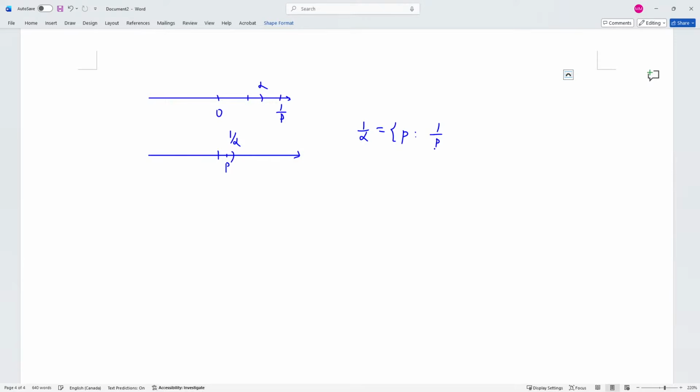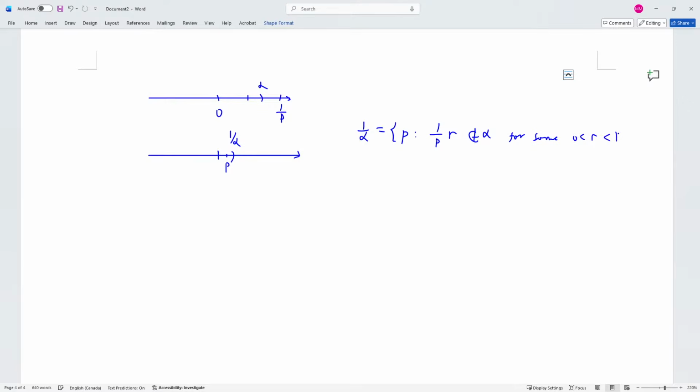I don't really want to introduce subtraction here. But basically, if I shrink this a little bit, if I multiply 1 over P times R, this is still not in alpha for some R positive, but less than 1.